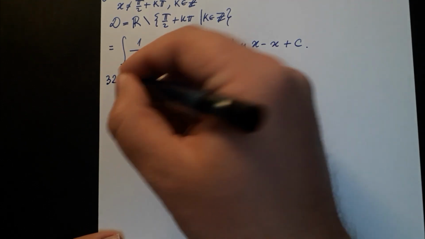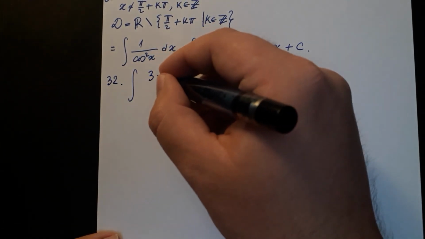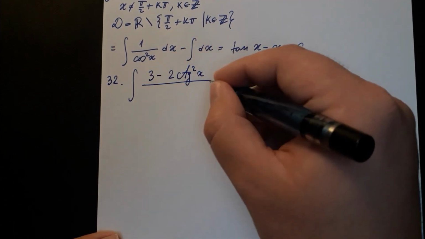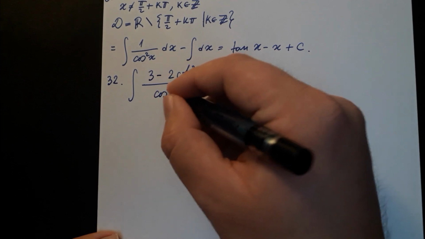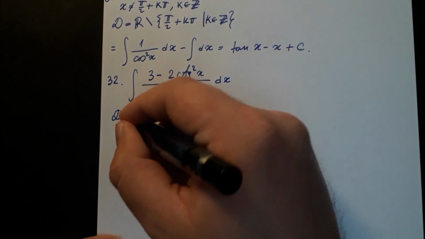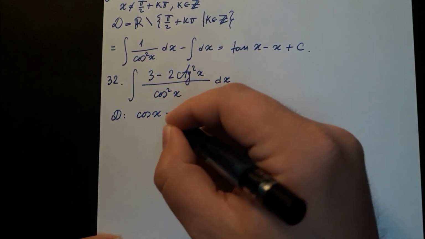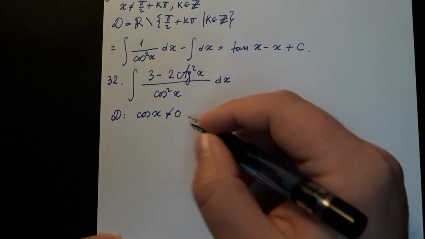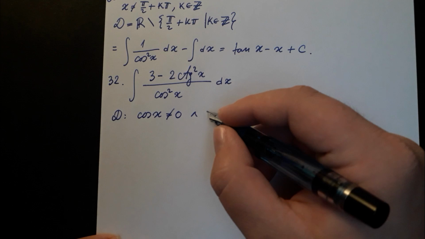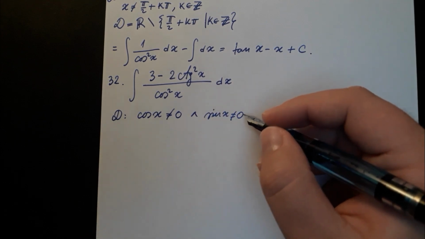Integral number 32 on our list is an integral of 3 minus 2 ctg squared of x, divided by cosine squared of x, dx. Now, the area in which this integral is defined is for all x where cosine of x is different than 0, and because we have a cot function right here, the sine of x also has to be different from 0.